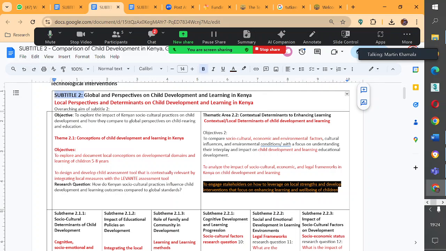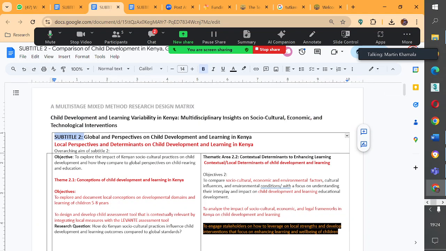Stage 2 will be more interventionist, and that also is what our title is speaking to, the technological interventions, but it also has social, cultural, economic, and technological interventions. So the second phase will be more experimental, systematic inquiry and hypothesis based. Stage 1 will really help us to form our hypotheses for stage 2, which will be more experimental.